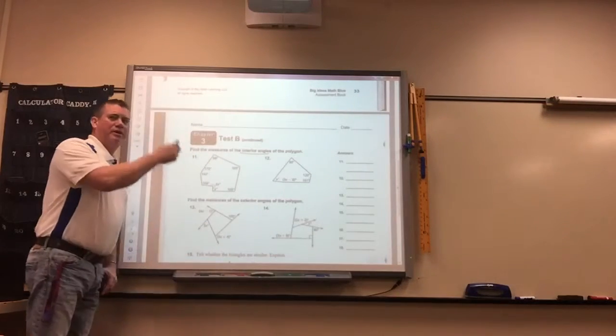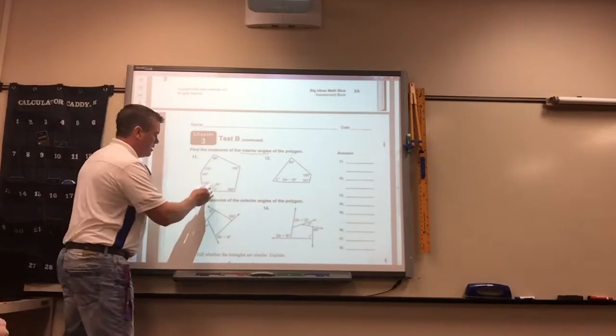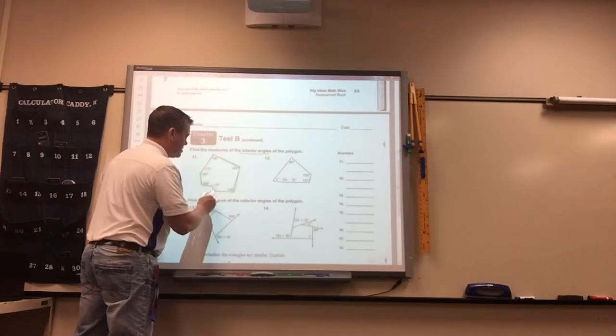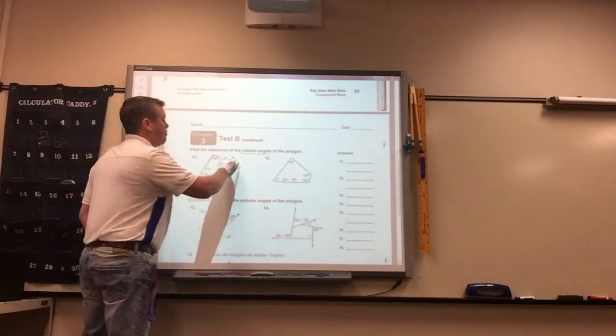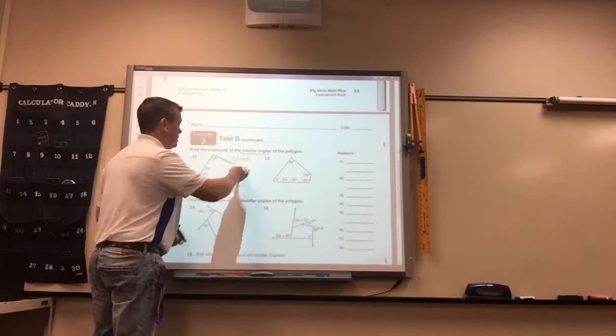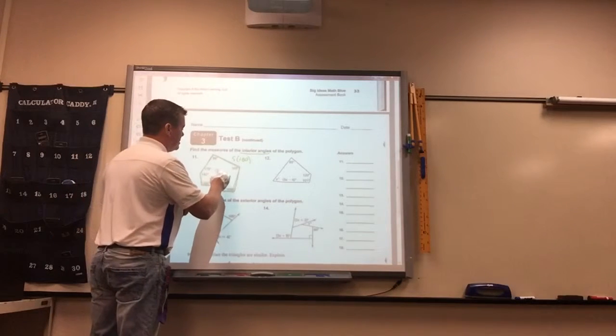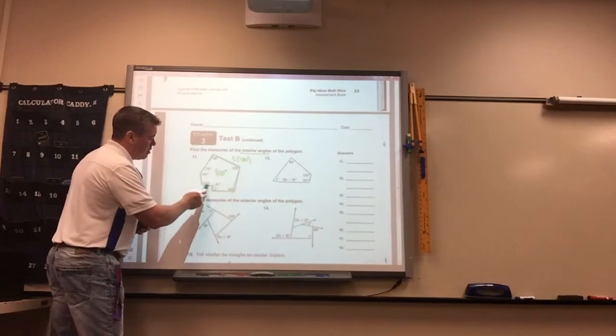angles add up to. So you have to do just what we did on the last one. This has 1, 2, 3, 4, 5, 6, 7 sides. So take 5 times 180, which is 900 degrees. Subtract off all these that you know.